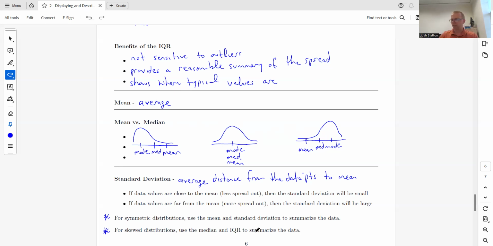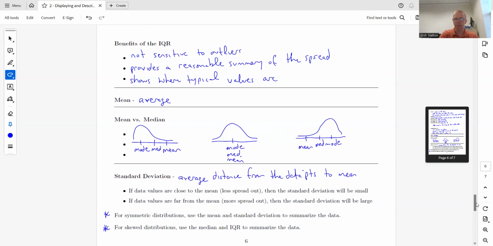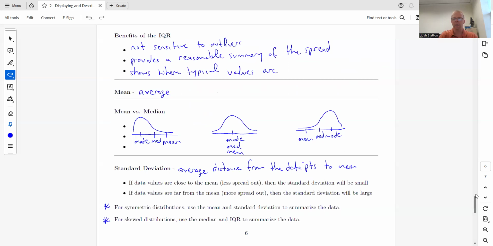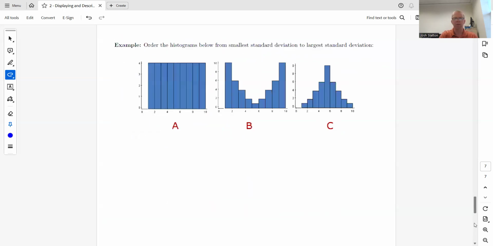All right, and then last we'll just look at a quick little example regarding standard deviation. Order the histograms below from smallest standard deviation to largest.